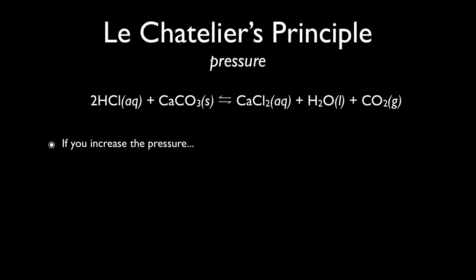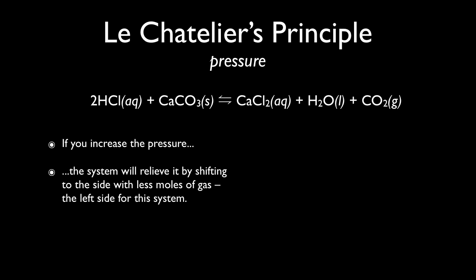If you increase the pressure, the system will try to relieve the extra pressure by shifting to the side with fewer moles of gas. So in this example reaction, if we increase the pressure, the equilibrium system will respond by shifting equilibrium to the left, where there are fewer moles of gas, and the Kc stays the same.